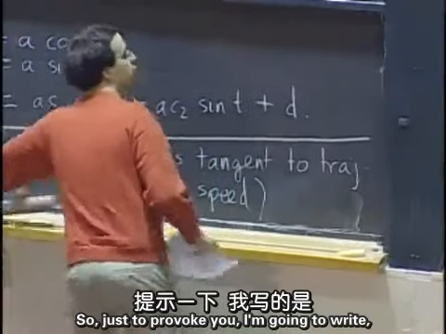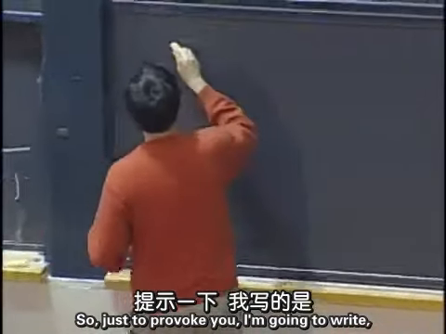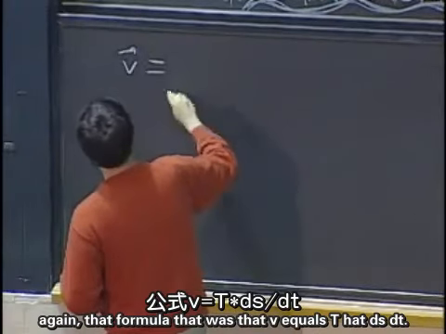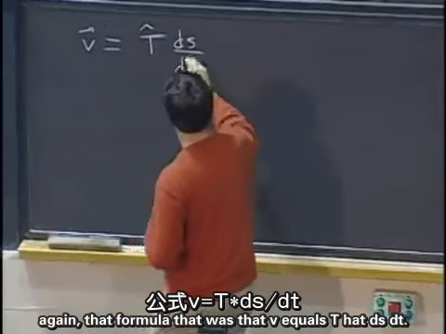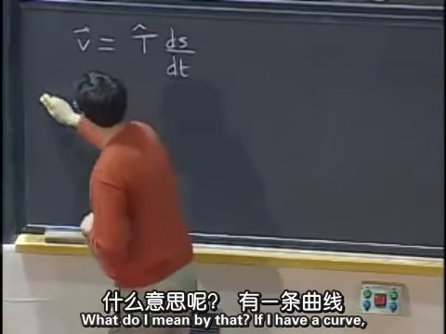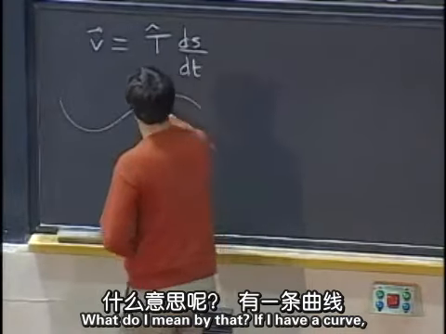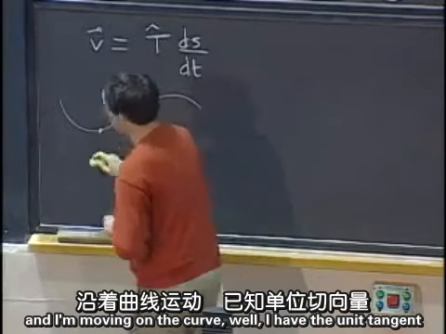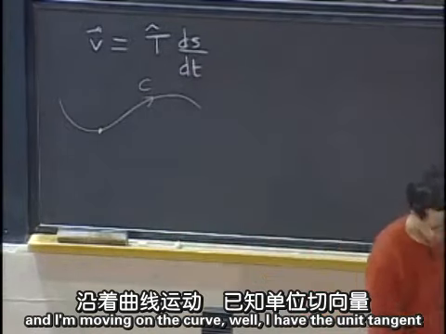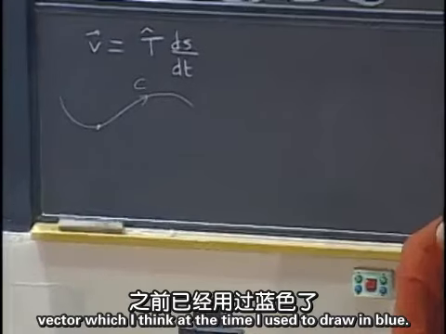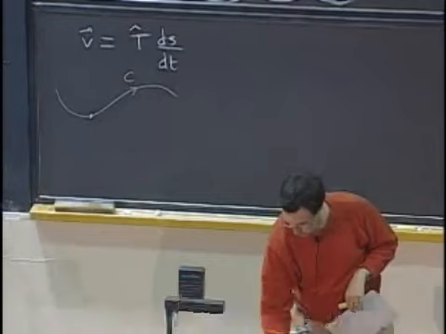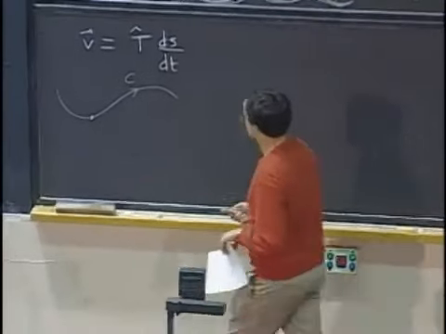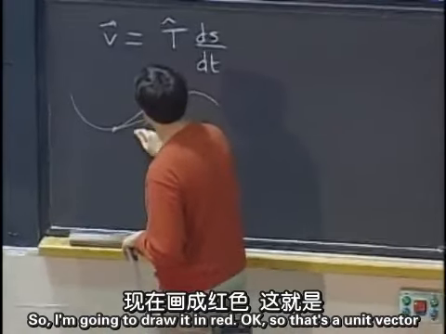So just to provoke you, I'm going to write again that formula, v equals T hat ds dt. What do I mean by that? If I have a curve and I'm moving on that curve, well, I have the unit tangent vector, which I think at the time I used to draw in blue, but blue has been abolished since then. So I'm going to draw it in red.